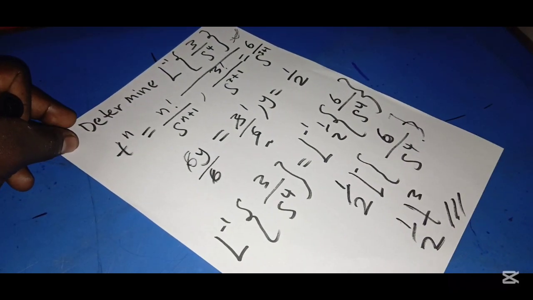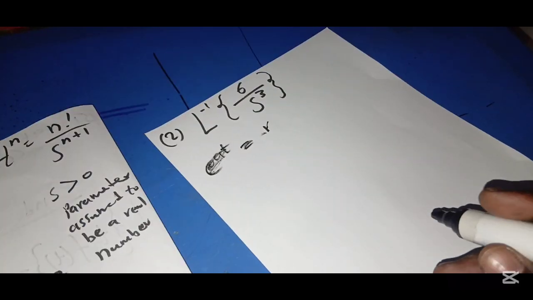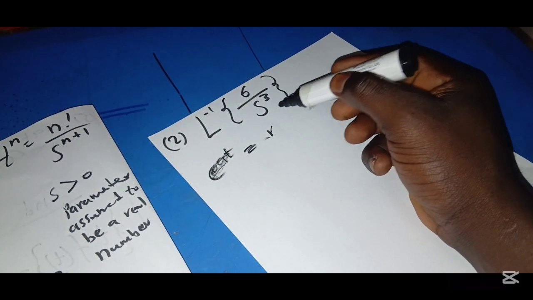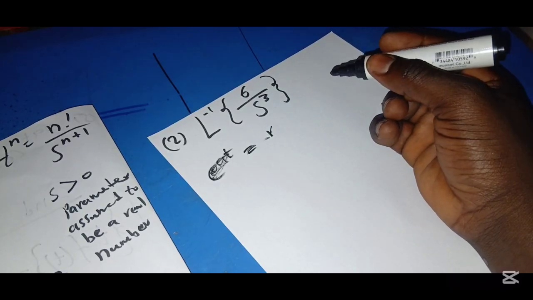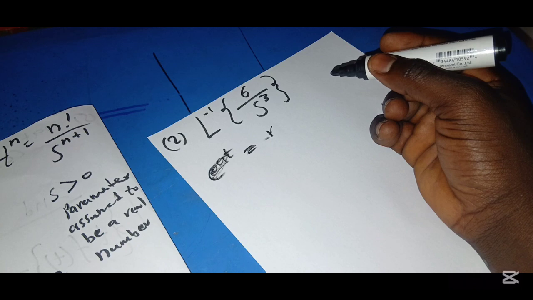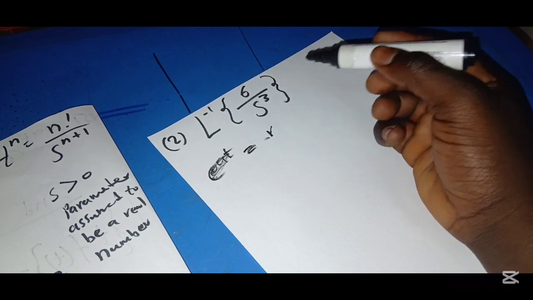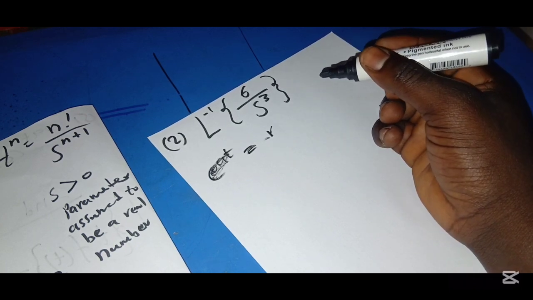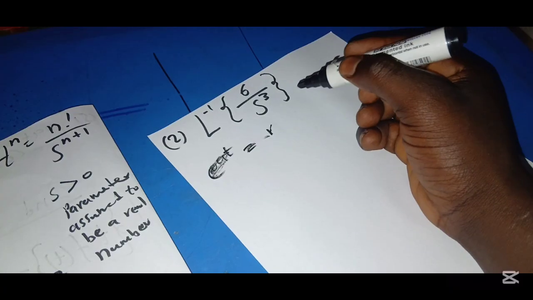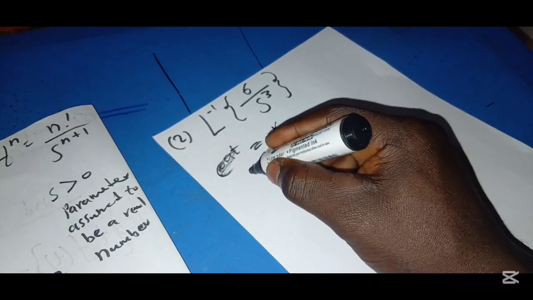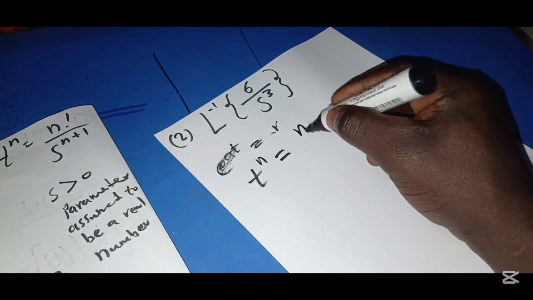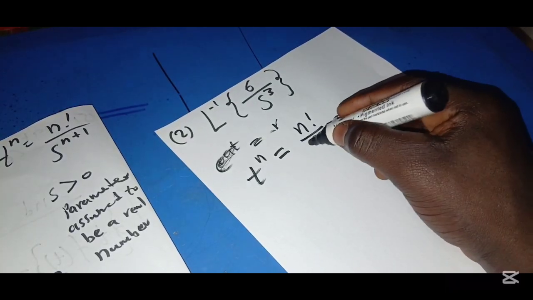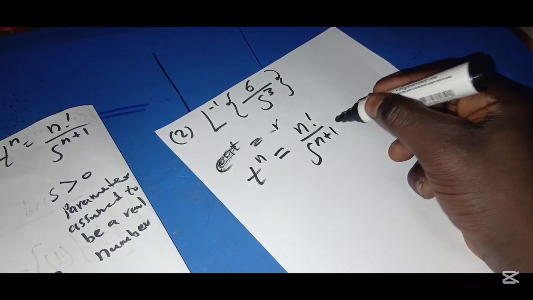Let's take another example. Find the Laplace inverse of 6 over s to the power 3. So first of all, I have to check the question very well and see which function is of this form. Definitely it is the t to the power n function, which is n factorial over s to the power n plus 1.